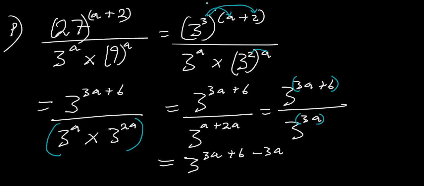So now you notice that we have 3a minus 3a. That's going to give us 0. So finally, we're going to have 3 exponent 6 as the final answer to this question. I hope this makes some sense.